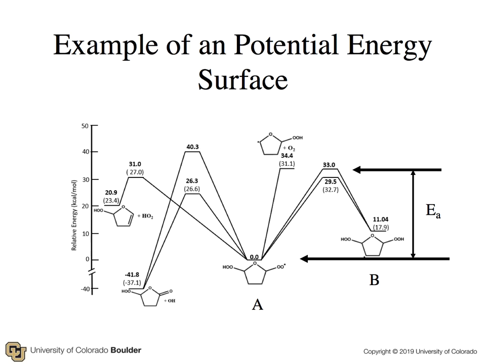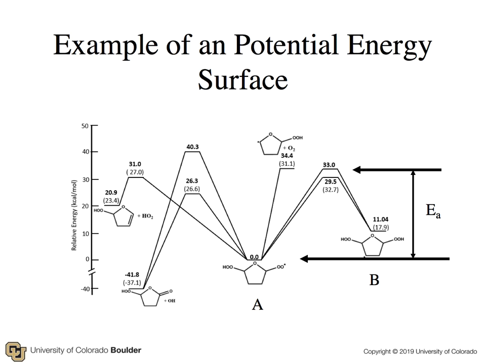In the world of chemical reaction rates, the way people study this is that they calculate the energy of a particular molecule, one I've labeled A here, and then they calculate how much energy would be required in order for it to turn into a different molecule, B in this example, and then they produce a diagram like this, which is called a potential energy surface or potential energy diagram.